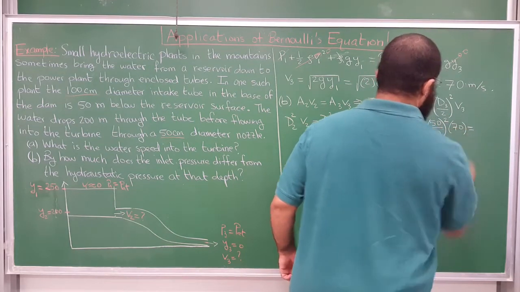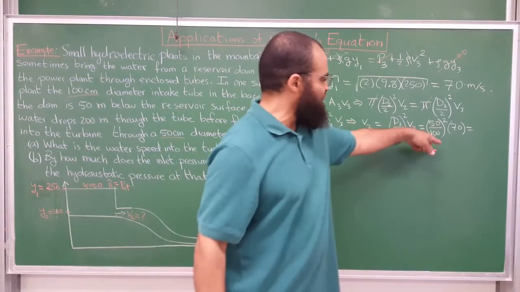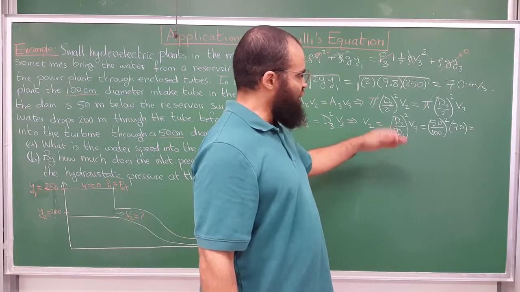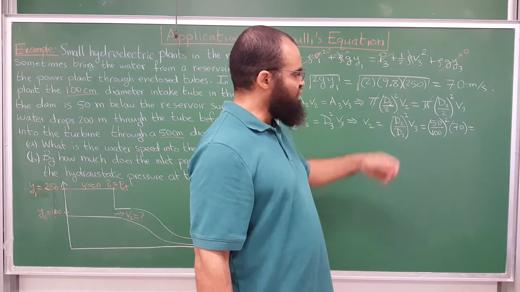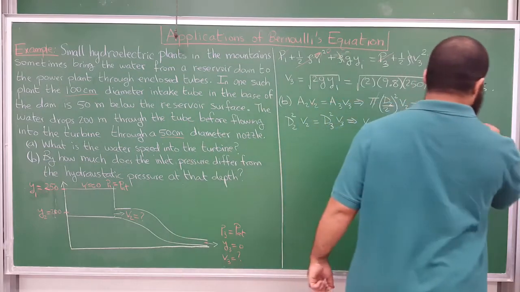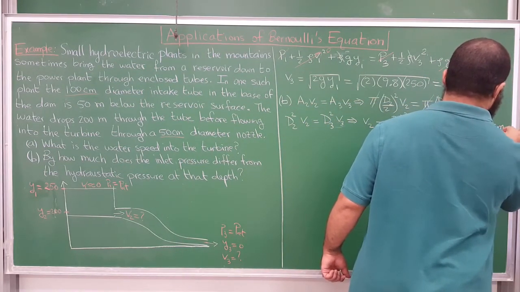We don't need to convert them because centimeters over centimeters go away anyway. So that's a half, and you square it, you get a fourth. And so 70 over 4, so you get 17 and a half. 17.5 meters per second.